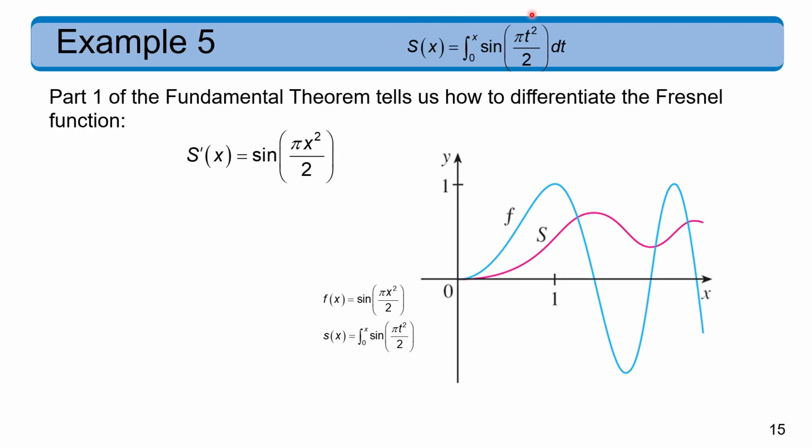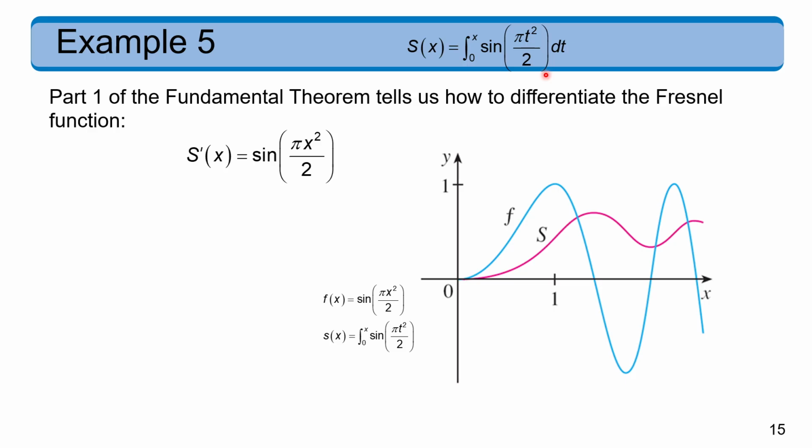So here's the Fresnel function we were just talking about. If you wanted to find the derivative of this function, if you didn't know the fundamental theorem, this would be a really difficult formula to deal with to try to find its derivative. But this is a very easy calculation using part 1 of the fundamental theorem, because notice the right endpoint is the variable x, and so we know when we take the derivative of this type of integral, the derivative will cancel out the integral and we'll get this inside function back.